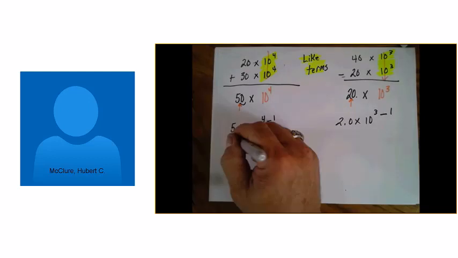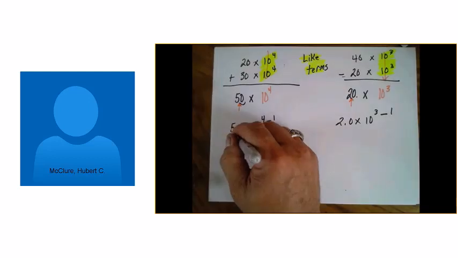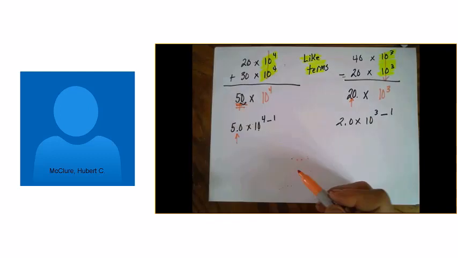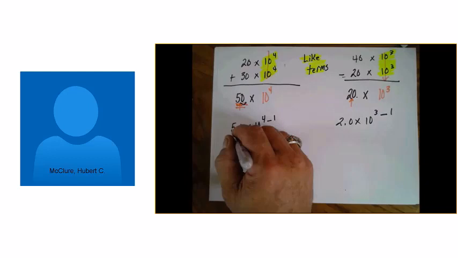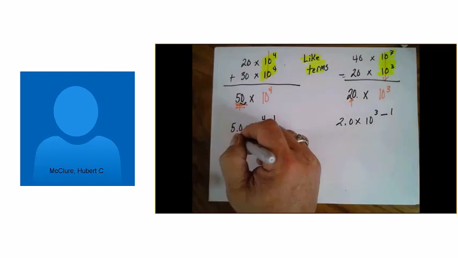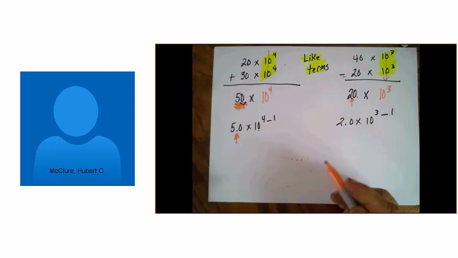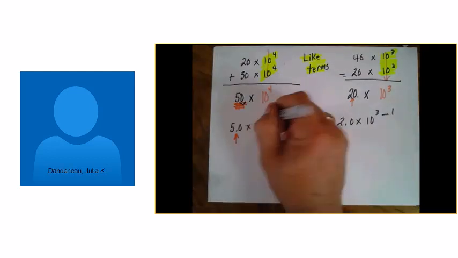Which way in my head do I move this decimal to get it to look like the original state? The left. If I moved it to the left, that'd be 0.5. Which way do I move this decimal in my head to get it to look like the original state? To the right.